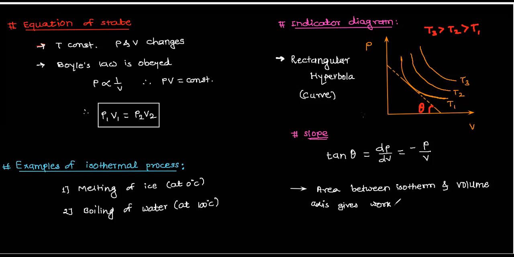Obviously, I already told you that work done under the graph of PV will give you work done. We already know the area under the PV graph gives you work done. Note down all this and let's move ahead.